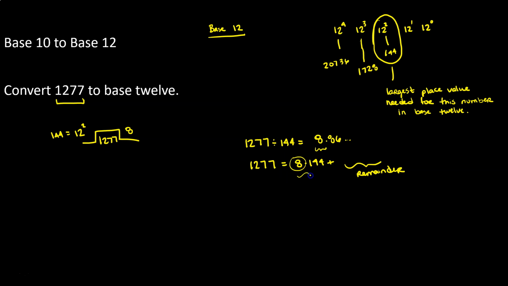So if I do 8 times 144, I get 1,152. That's what I need to subtract here. And I'm left with 125. And I'll draw my new house around that.